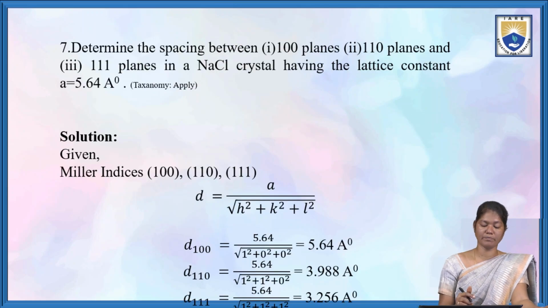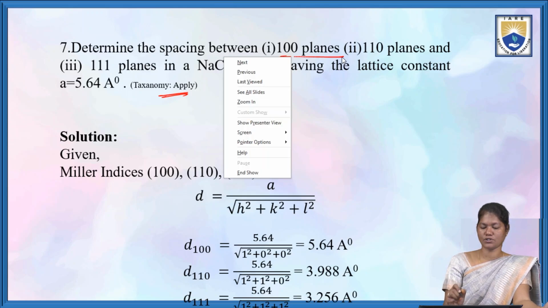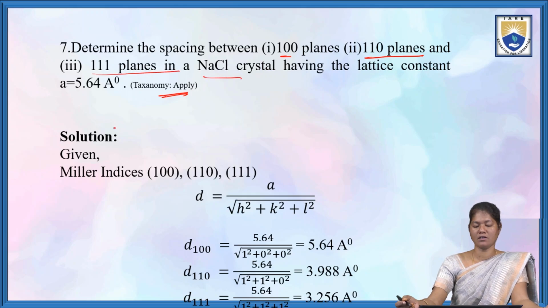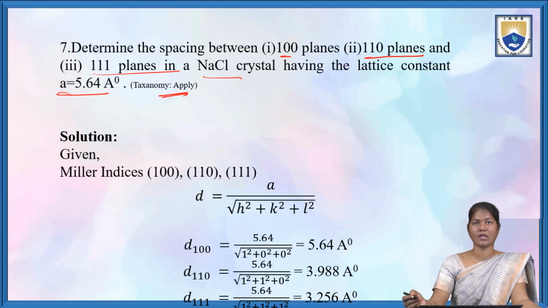Next one, applying level of Bloom's taxonomy problem. Determine the spacing between 100 planes, 110 planes and 111 planes in a sodium chloride crystal having lattice constant a equals 5.64 angstroms.